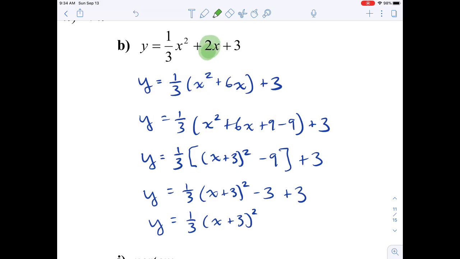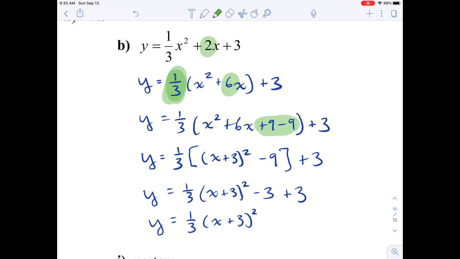The second term was 2x, but when we common factor out 1/3, we have to divide 2 by 1/3. And that actually gives us a number larger than 2, remember? If we take a whole number and divide it by a fraction that's less than 1, we get a larger result. We get 6 in this case. So it's the same result as multiplying by 3. We get 6x inside that bracket.